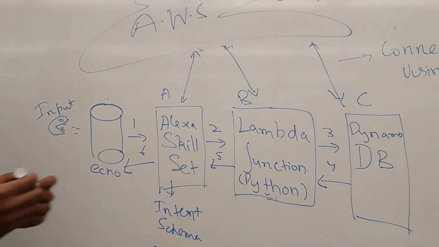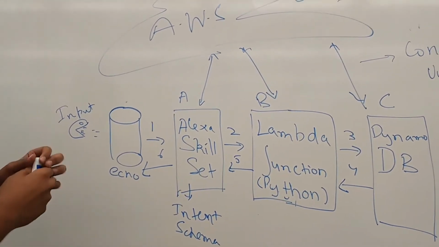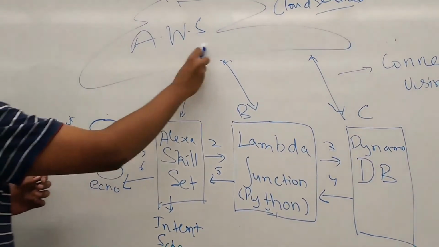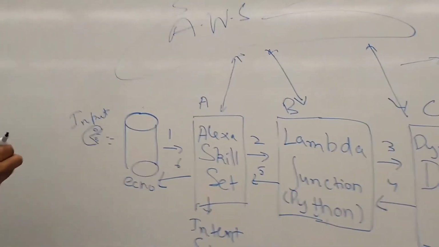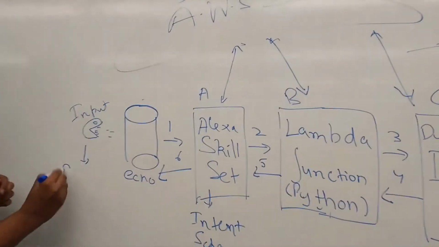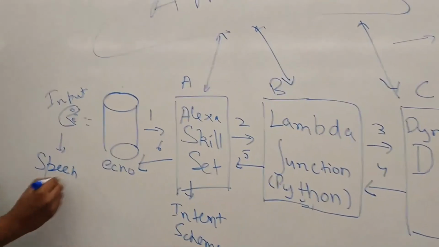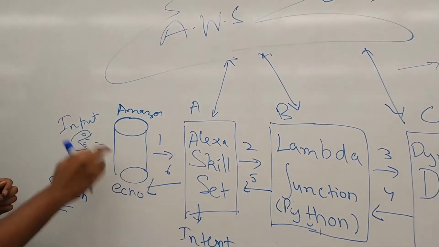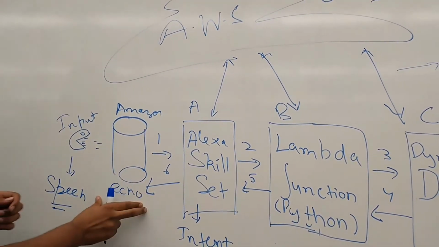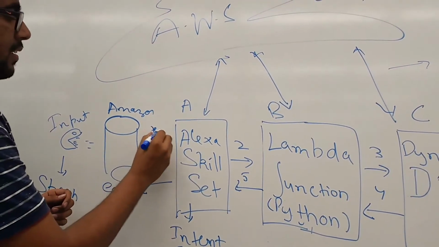So the basic structure of our program is like this. We are using AWS as our cloud services, and the input will be given as speech by the user, and Amazon Echo will receive that speech, and that speech will be converted to text.